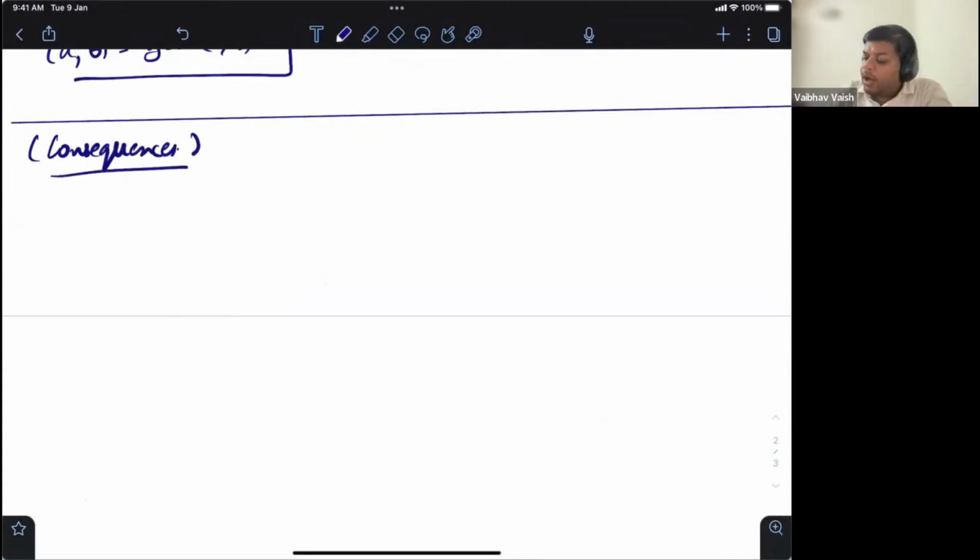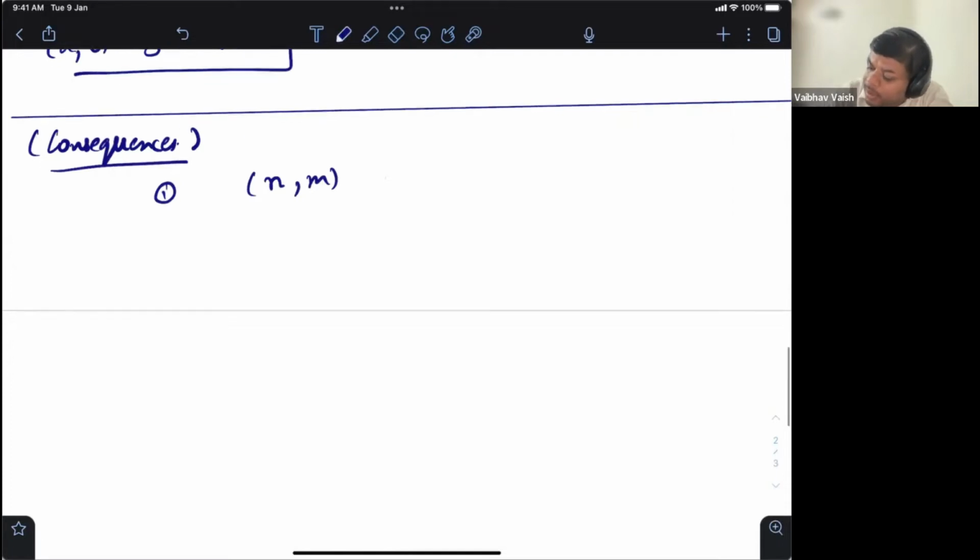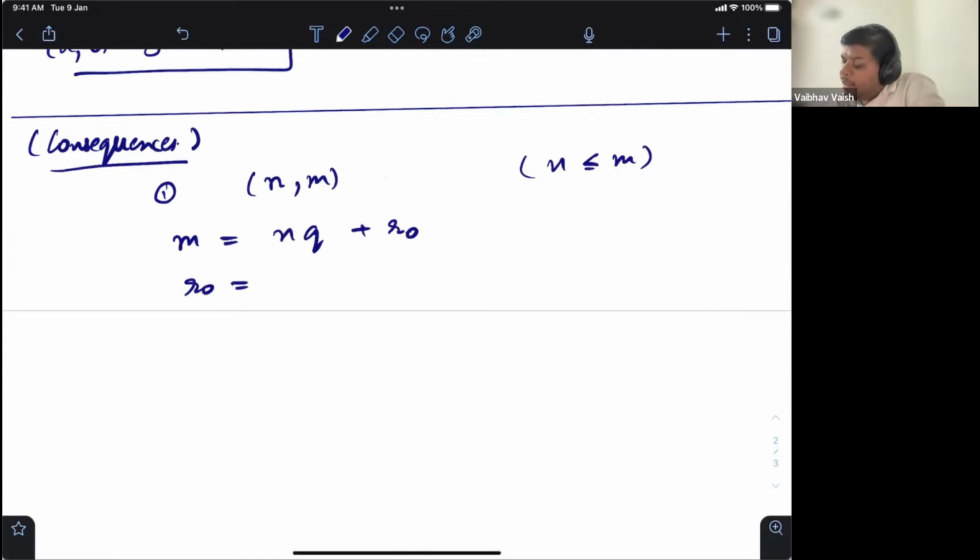Okay, so firstly, remember GCD of n comma m. So let's go in the reverse direction. Okay, you have m equal to nq plus r, and let me call it r naught, assuming n is less than or equal to m. So the GCD is nothing but (r naught, n).